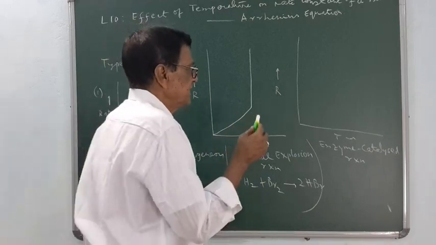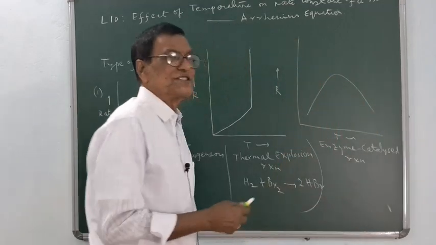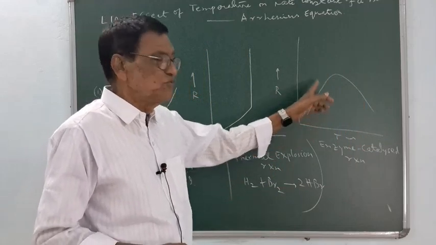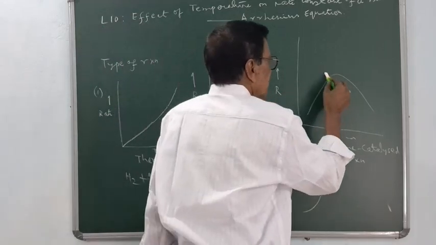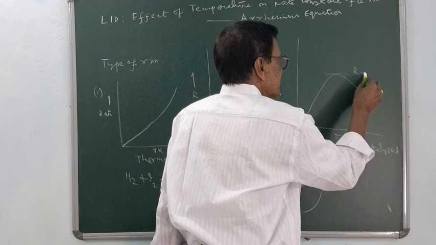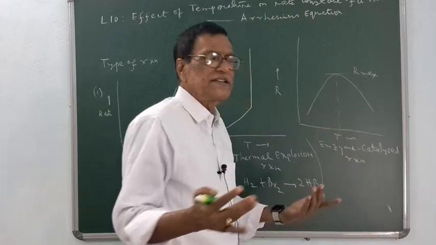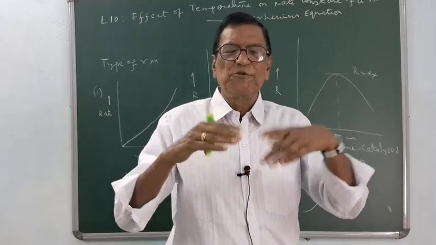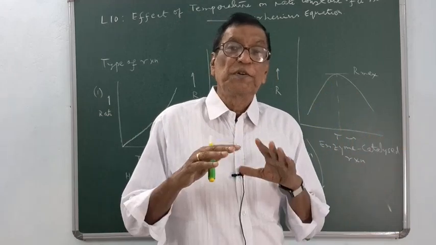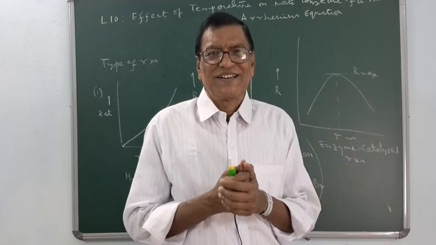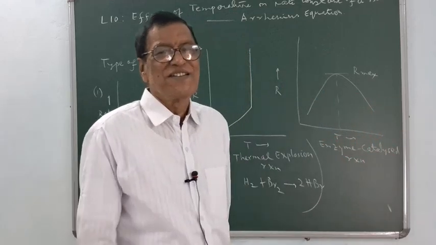And in this case it increases smoothly and attains a maximum. Here you can call it R max at this temperature, and the temperature is about 35 to 45 degrees centigrade, or maybe extended to 55 degrees centigrade. After that, the rate decreases with the rise in temperature.